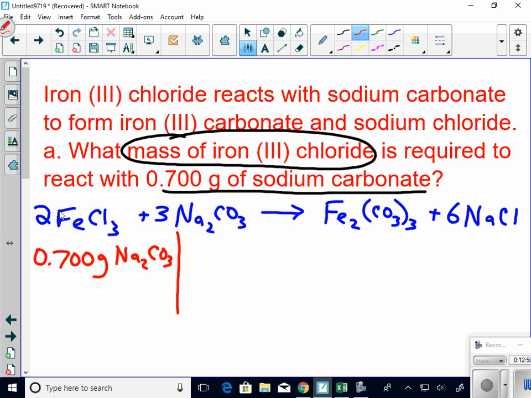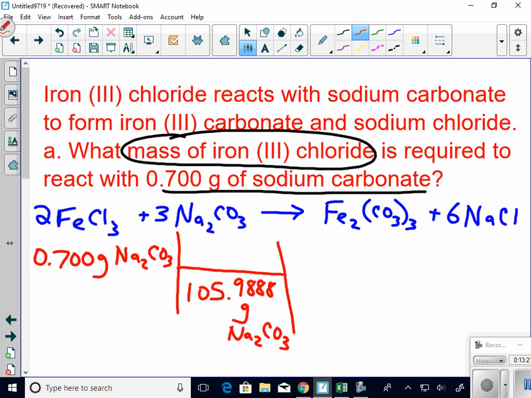So, very first thing I'm going to do, and while you were copying down the question, I calculated my molar masses for this particular problem. So I have 105.9888 grams of Na2CO3.